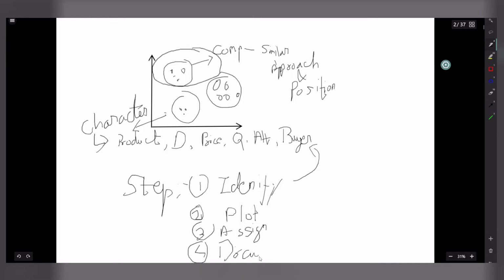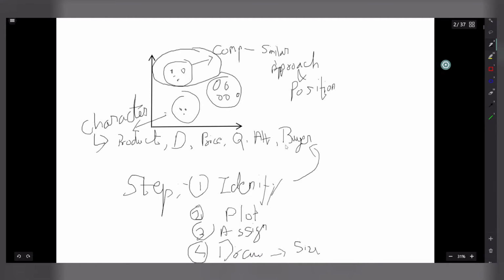Draw circles around each strategic group, making the circle proportional to the size of the group's share of total industry sales revenue. So we draw these circles based on the size these competitors have in the industry in relation to the total industry sales revenue.